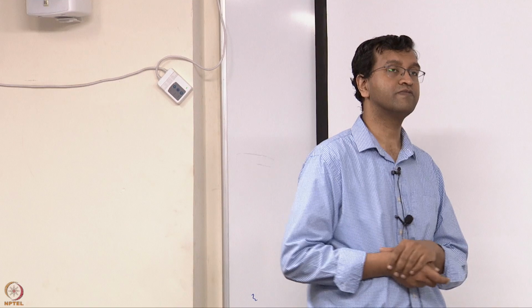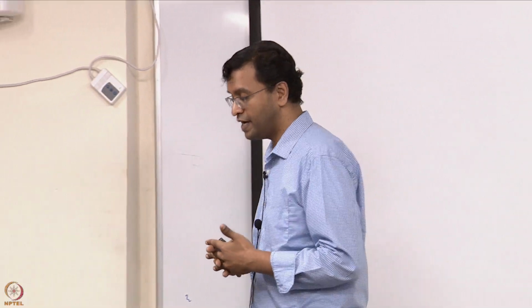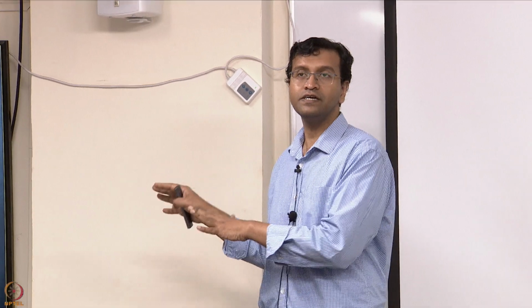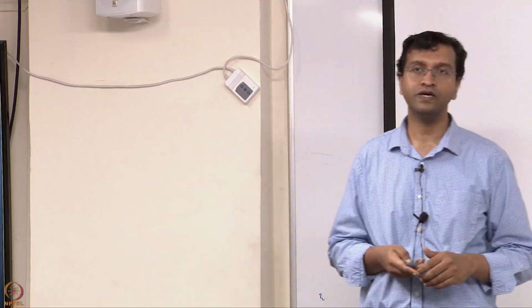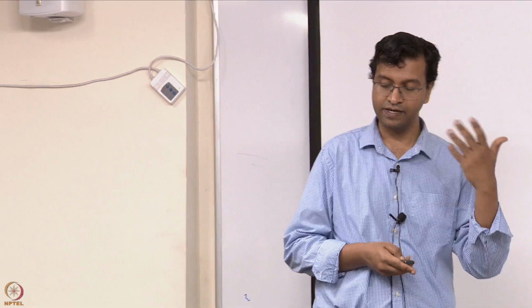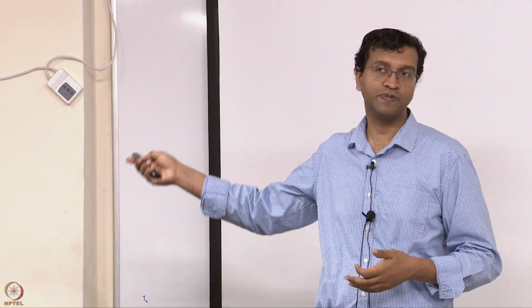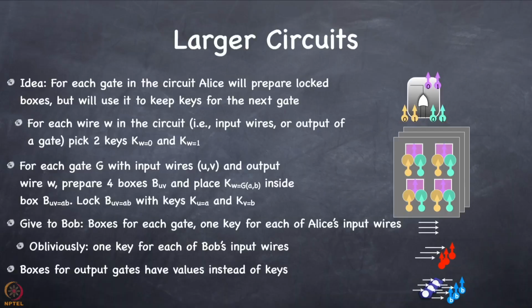So all sorts of optimizations have been done, but the basic idea is just this. They're constant factor optimizations, so if you don't mind a factor of say 4, then this is perfectly fine. Just have 4 of these boxes.